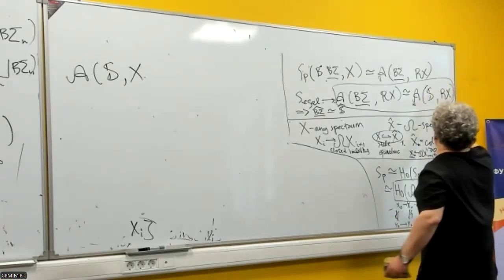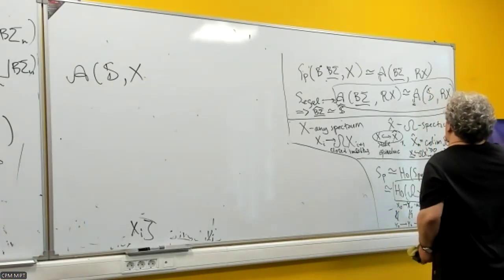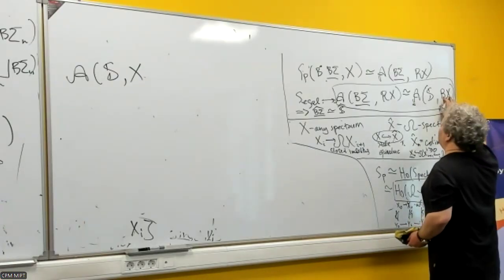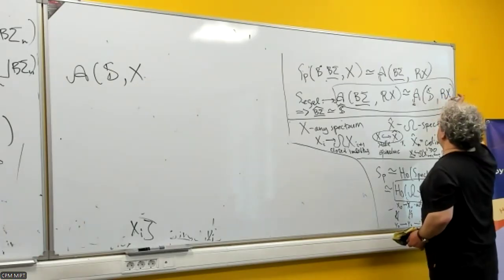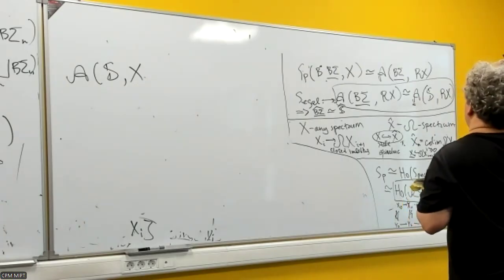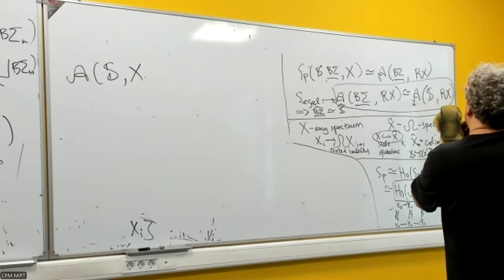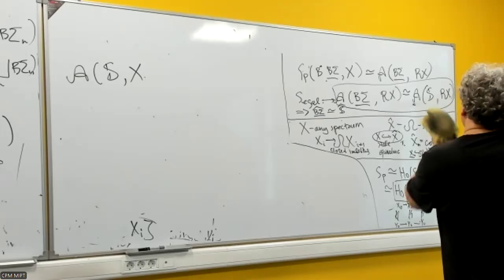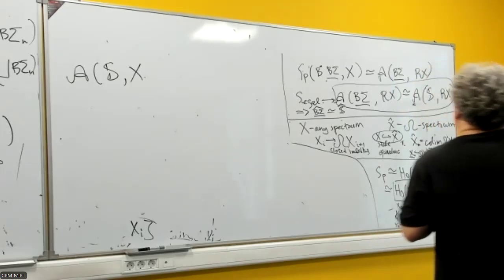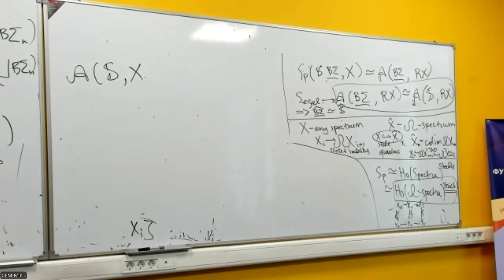So I think something is wrong. What is it? I know it's correct. Just a second. Yes, it's like that. Yes, it's correct. X is a gamma space, right? Correct.